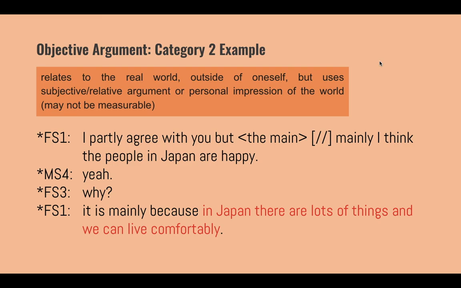And objective argument category 2. This category represents the most abundant category in our study, with 253 occurrences found in the corpus.